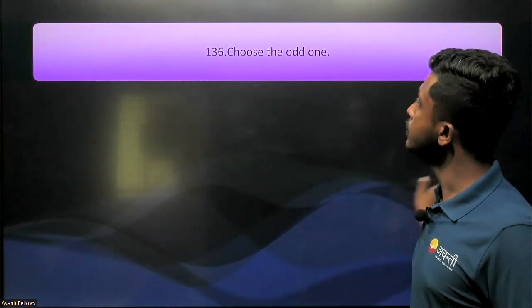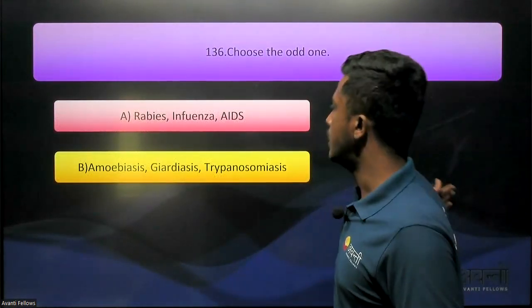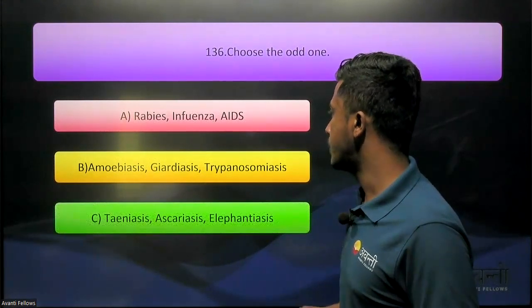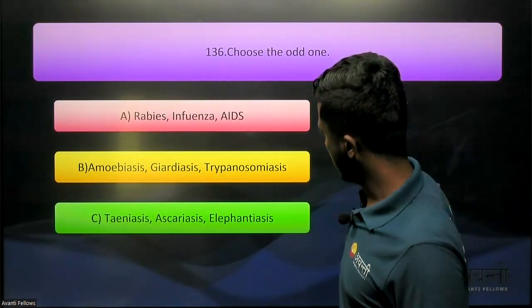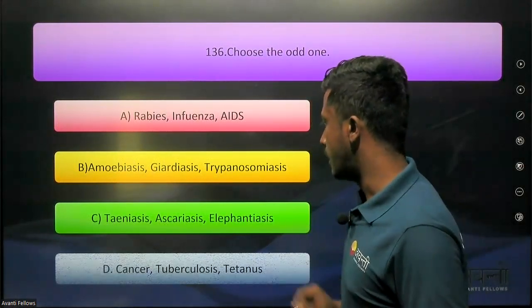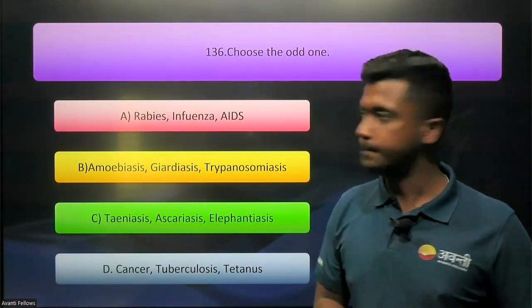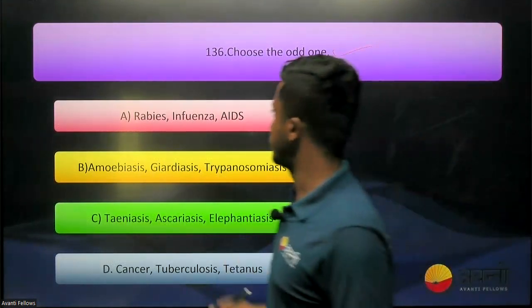Next one, choose the odd one. Rabies, influenza, AIDS; amoebiosis, giardiasis, trypanosomiasis; taeniasis, ascariasis, elephantiasis; and then we have cancer, tuberculosis, and tetanus. We have to choose the odd one. Let us look at the first option.